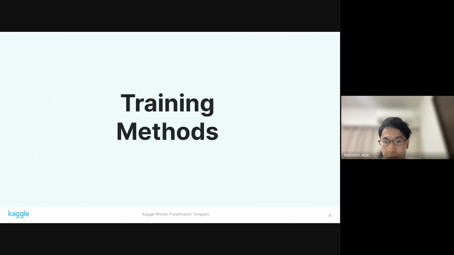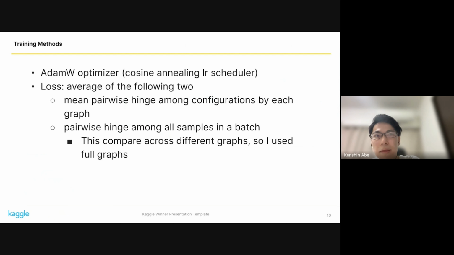And this is my training method. I used the AdamW optimizer to train a model with a cosine annealing learning rate scheduler, and I basically used the pairwise hinge loss, which was kind of a ranking loss, and I combined two pairwise hinge losses.